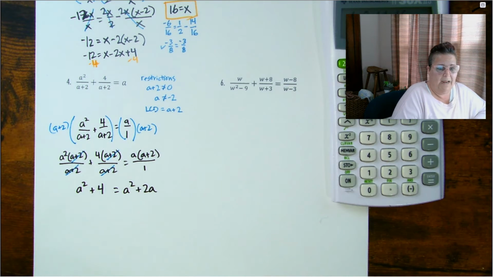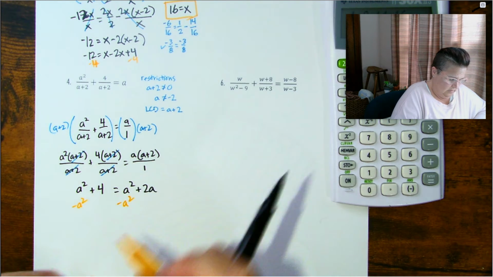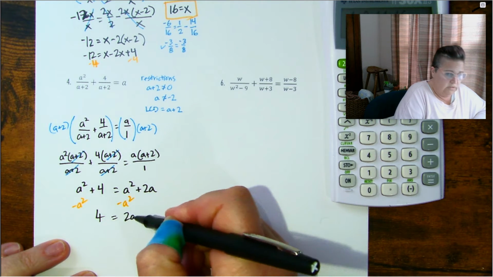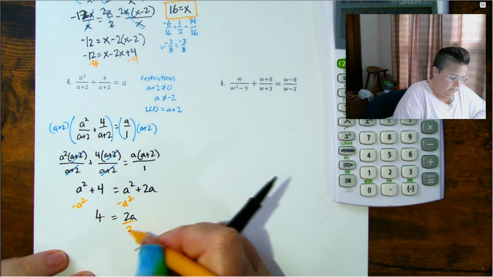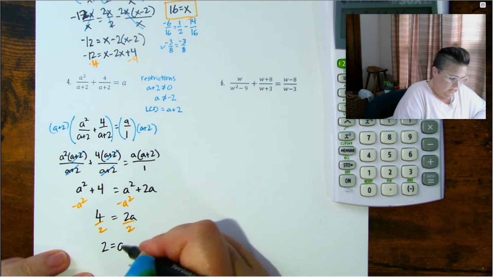I'm going to subtract a squared from both sides. 4 is equal to 2a. I'm going to divide by 2. 2 is equal to a.